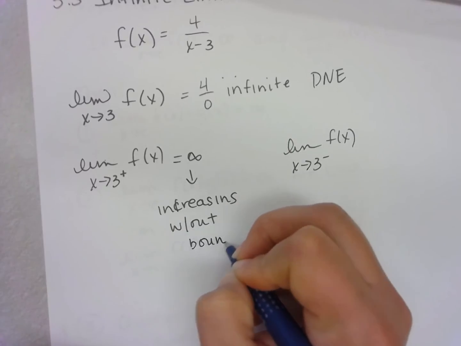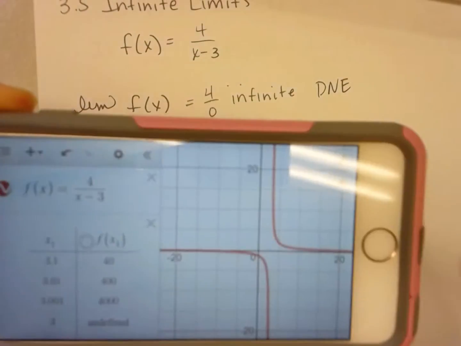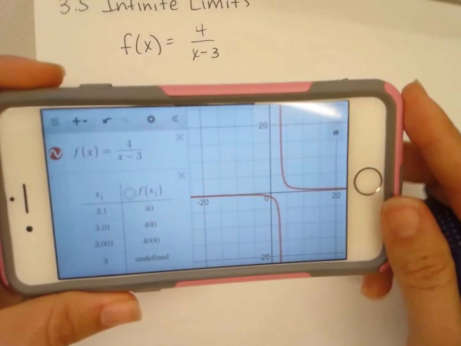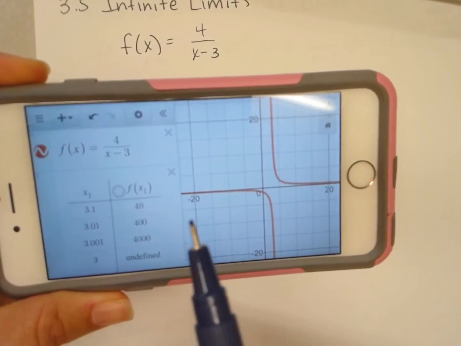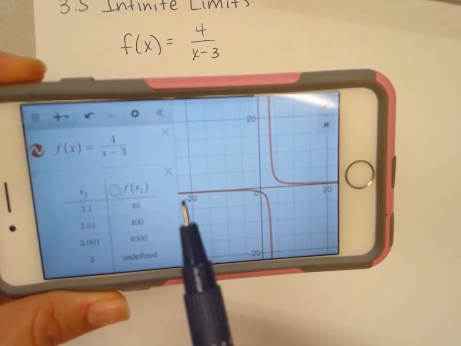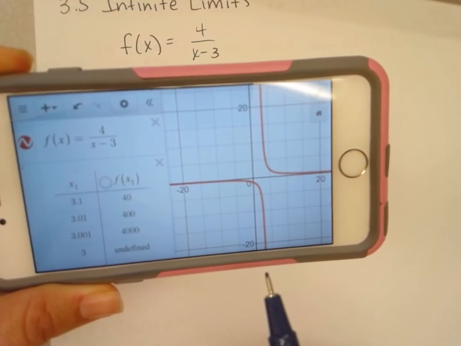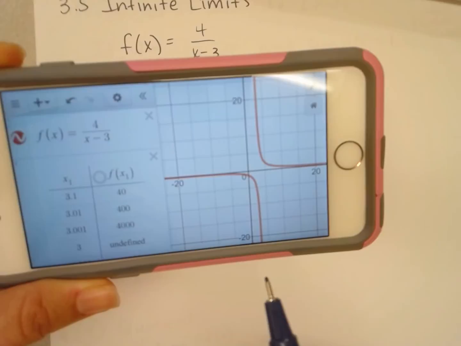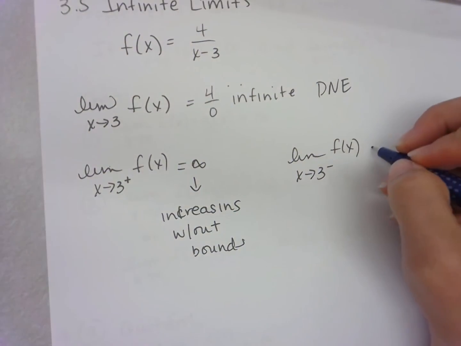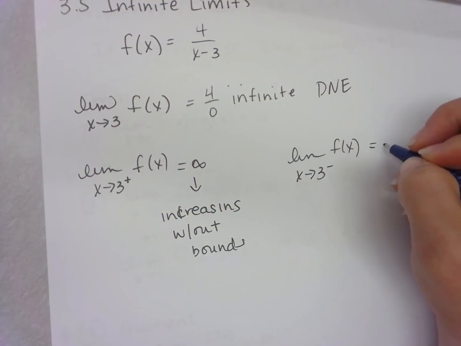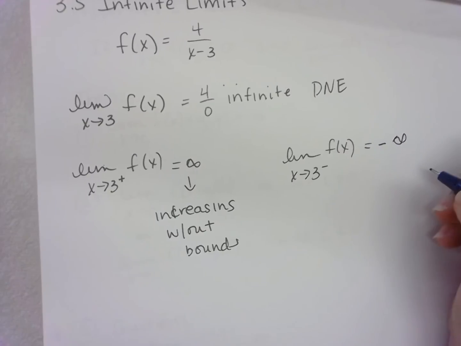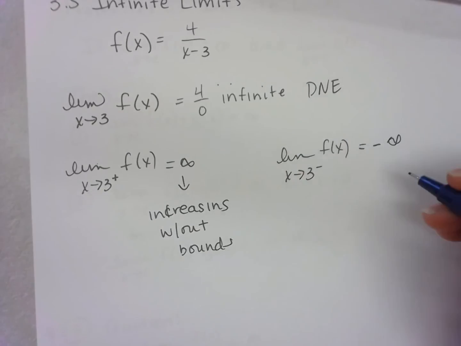All right, if we look at the other side, as we approach 3 from the left, to the left of 3, my graph just falls right down. And so my y values are just plummeting. So in this case, we say that that is negative infinity. I know that doesn't exist, but we still write this to describe the behavior of the graph there.